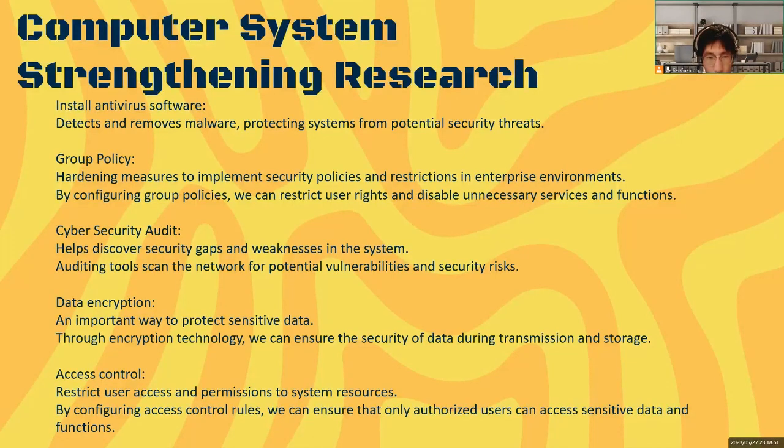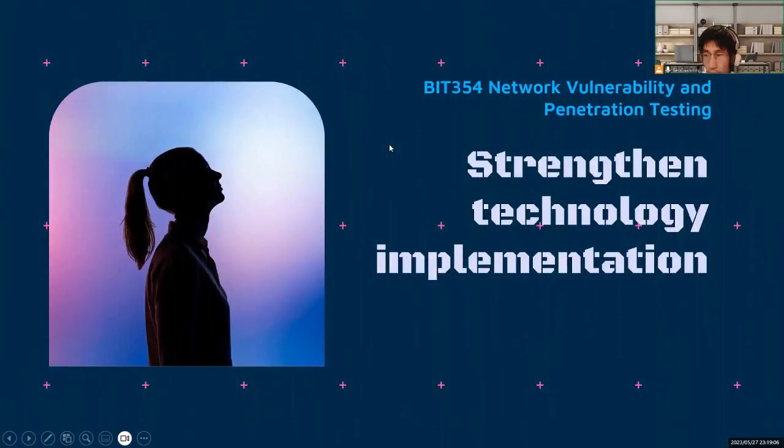These technique measures can help us improve system security, protect personal privacy and sensitive data, and also prevent potential network threats. So let's come to the strength and technology implementation. I will show you the VMware.